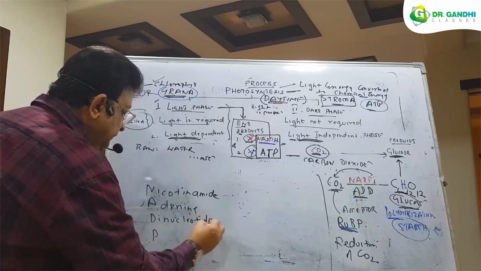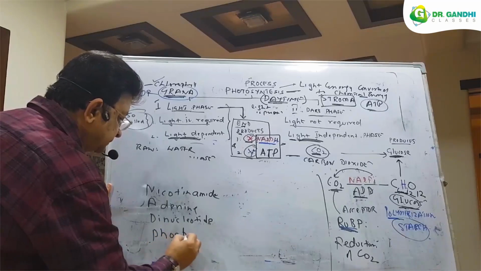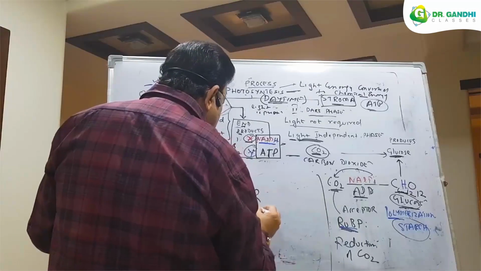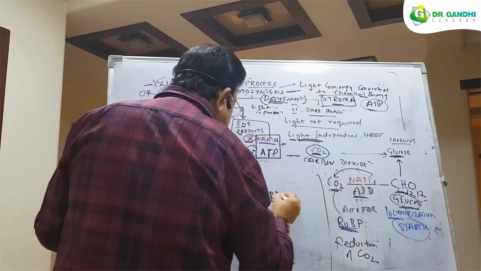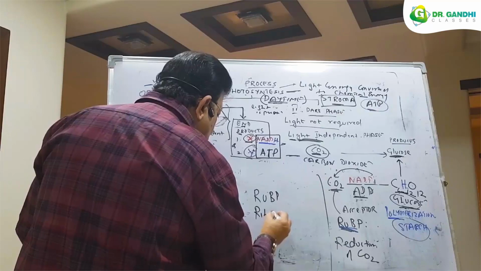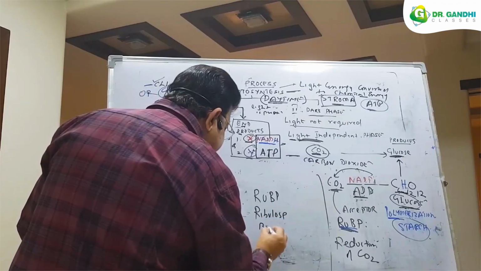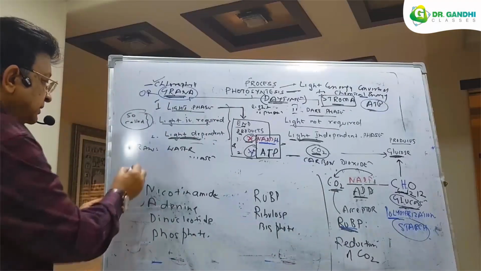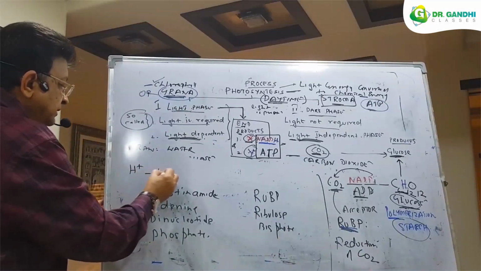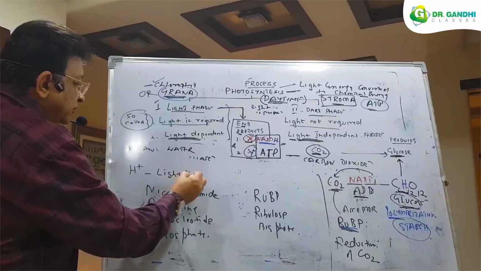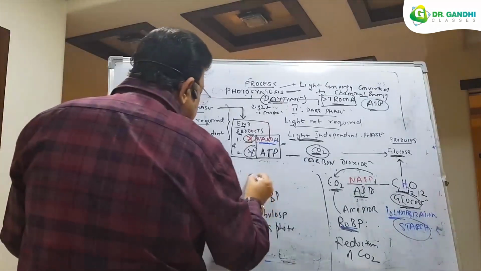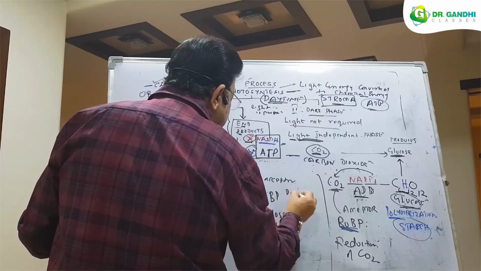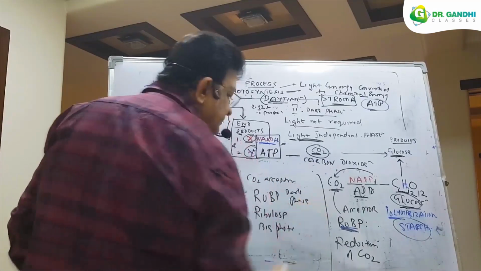What is the full form of RUBP? Ribulose bisphosphate. What is NADP acceptor of? Hydrogen ions in the light phase. What is RUBP? Carbon dioxide acceptor in the dark phase.